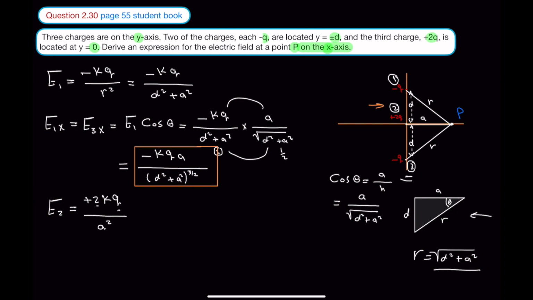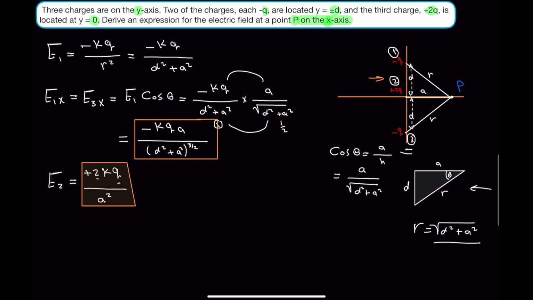This is the second electric field that we have. Now to get the total electric field, or resultant electric field on x, we should add the three electric fields.